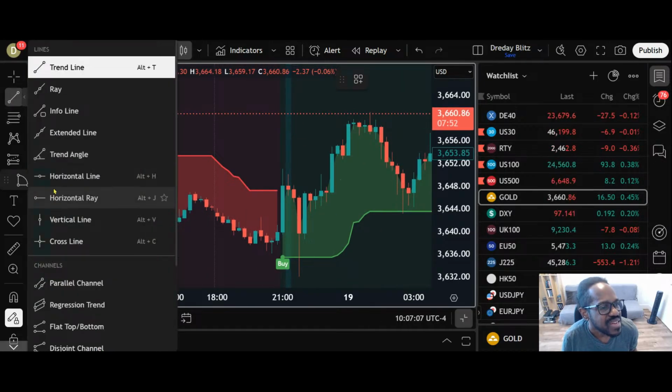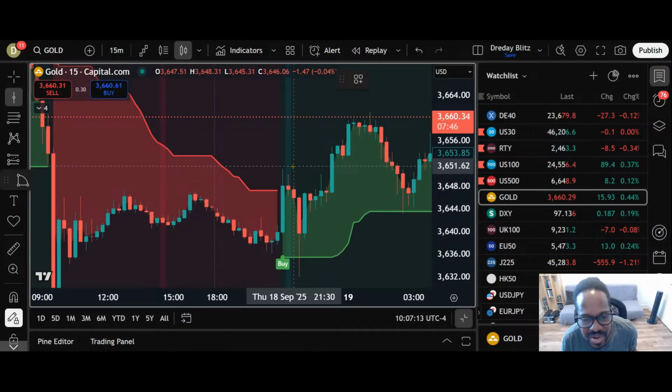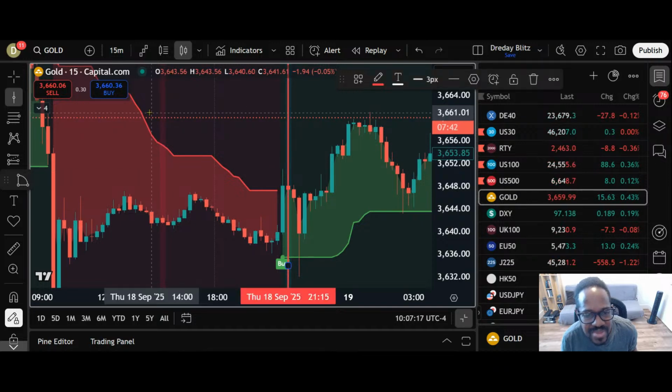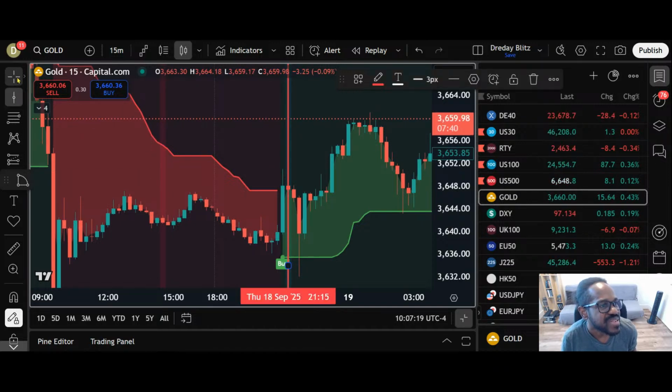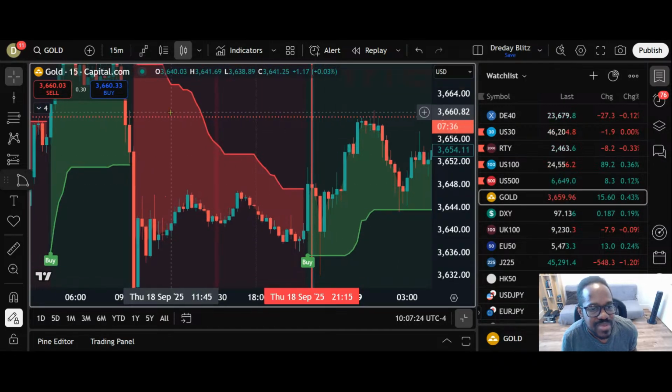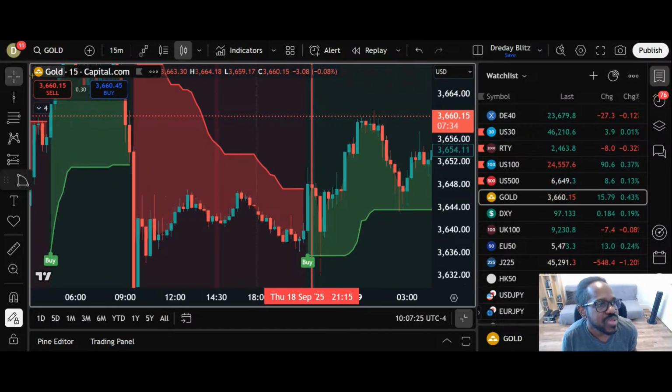I'm just going to put a vertical line here where it came in. So yes, it also works on gold, guys.